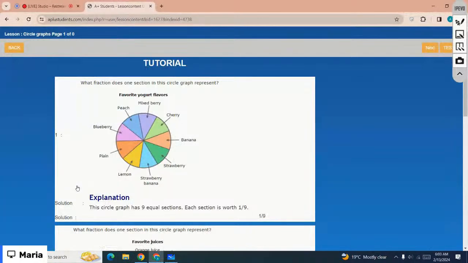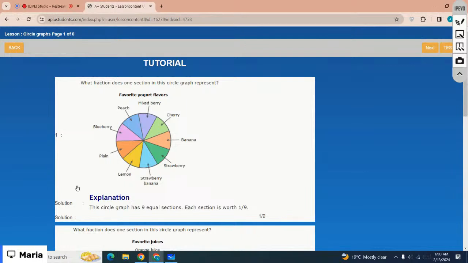The first one is, what fraction does one section in the circle graph represent? So you have to see how many total sections the graph has. The graph has 1, 2, 3, 4, 5, 6, 7, 8, 9 sections, right? That means each section has the portion 1 over 9. Got it?